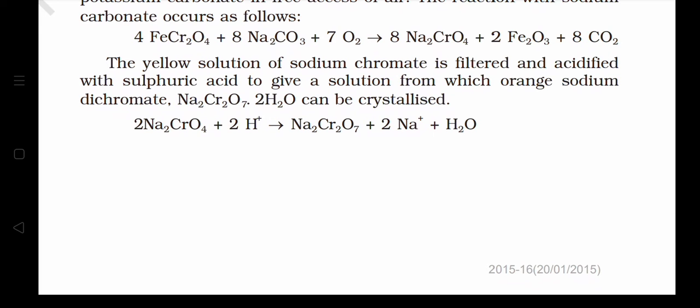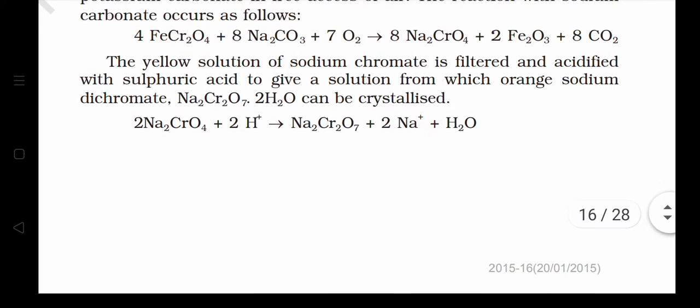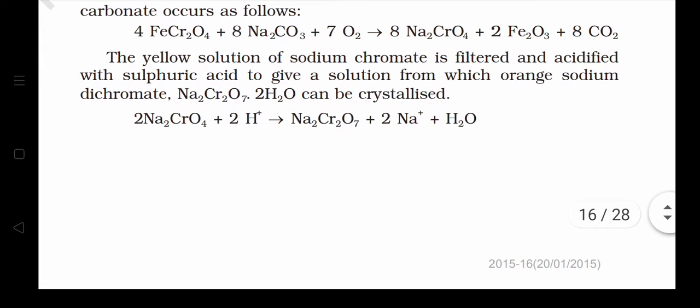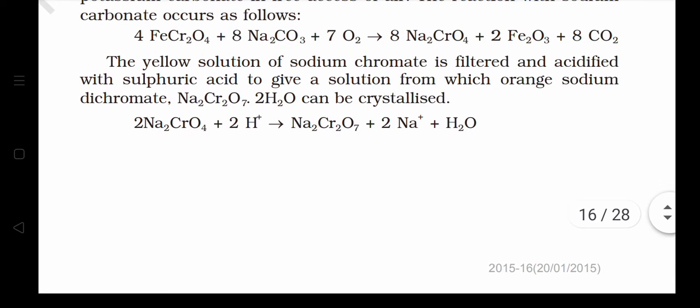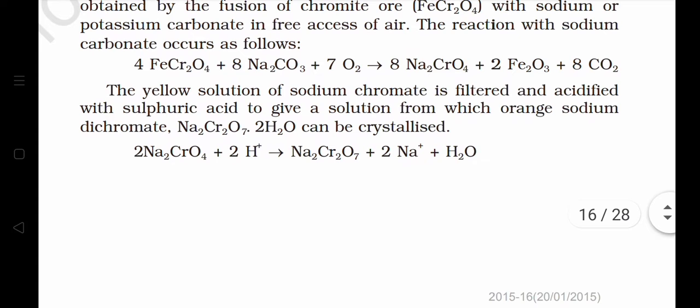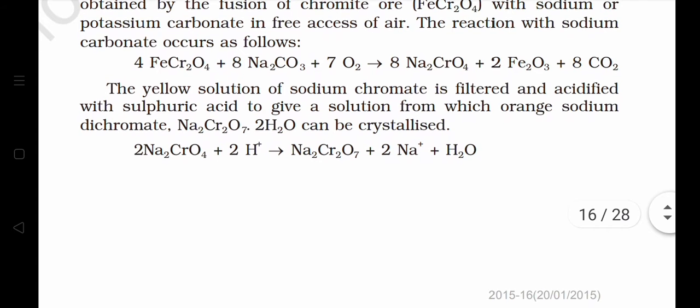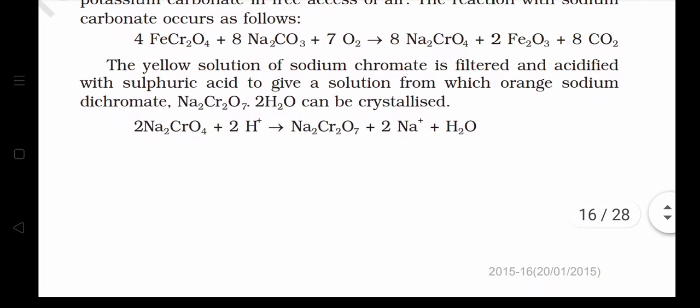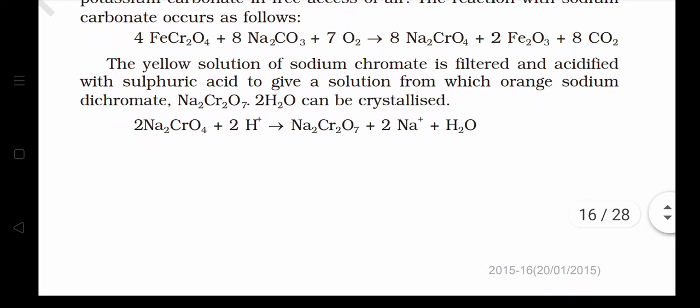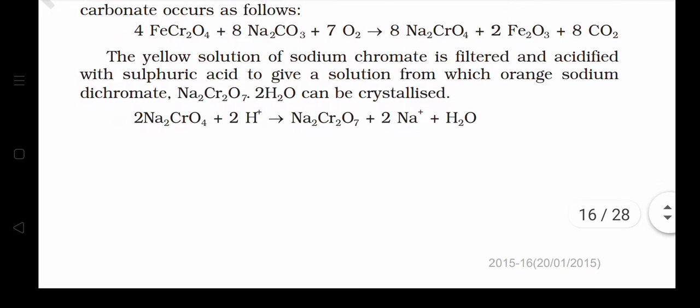It reacts with sodium carbonate, that is Na2CO3, in presence of oxygen. It gives sodium chromate with formula Na2CrO4 plus iron oxide Fe2O3 plus carbon dioxide is produced.